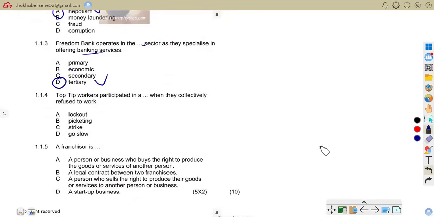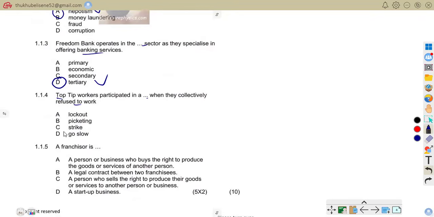Now coming to 1.1.4. Top Tip: workers participated in dash when they collectively refused to work. So when they collectively refuse to work, is it a lockout, picketing, strike, or go slow?